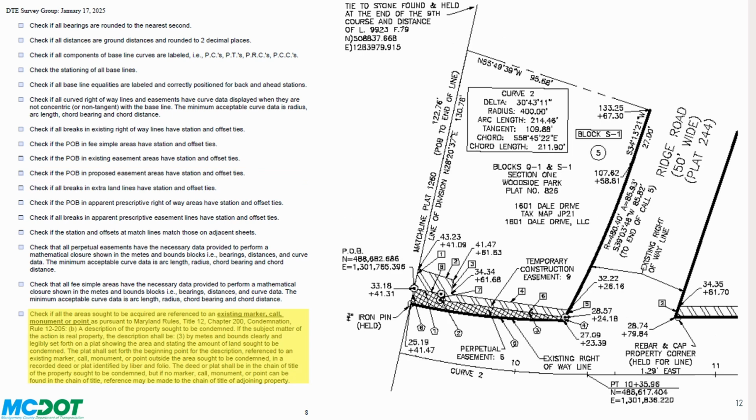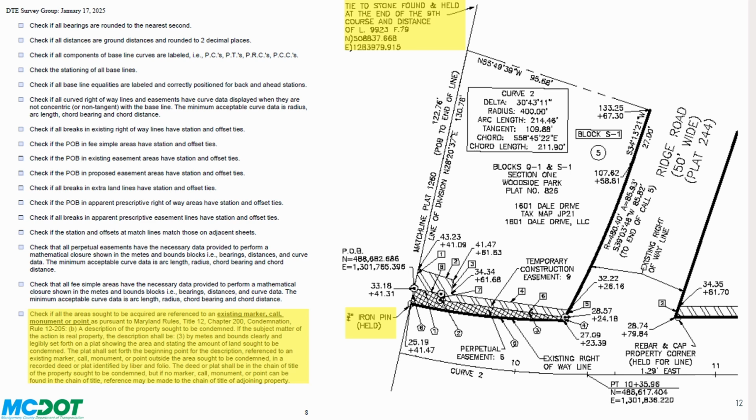References to existing monuments, as described in the Maryland Rules for Condemnation, should prioritize any physical marker found on a property in the chain of title of the subject taking. If the monument is outside the extents of the current plat, an appropriate graphic tie line shall be provided with bearing and distance to the reference monument with definitive description of the point.